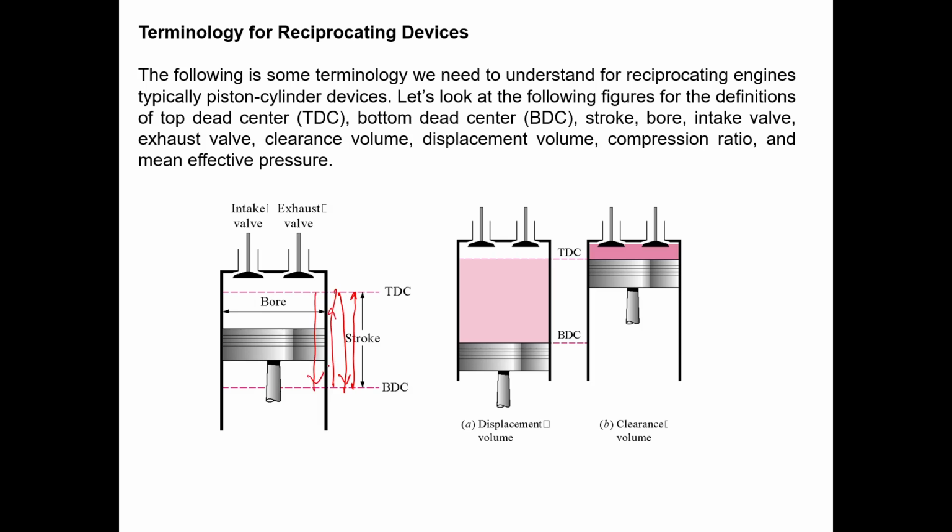If it is a 2-stroke engine, you go from here, come back here, and the cycle completes. For a 4-stroke engine, you need to run 4 strokes to complete the cycle.